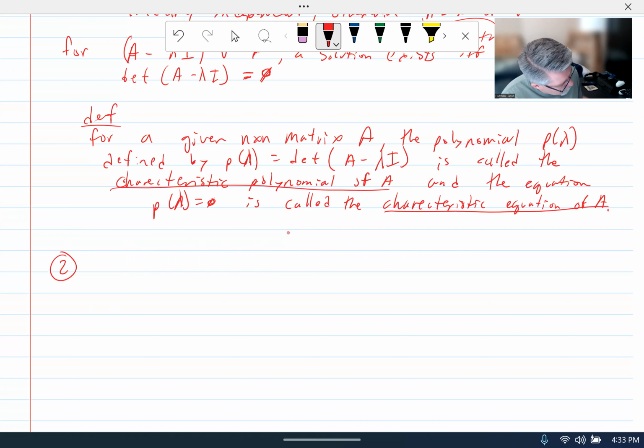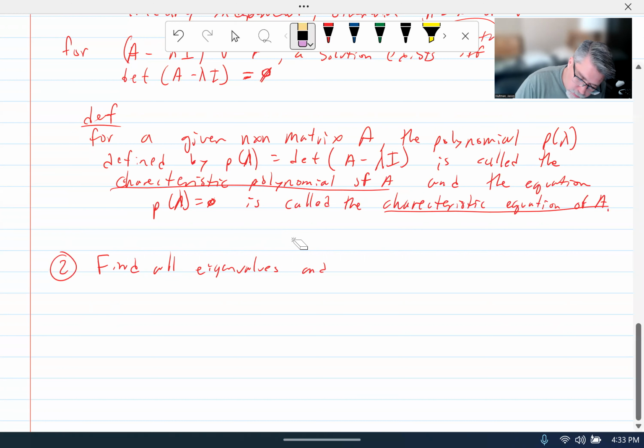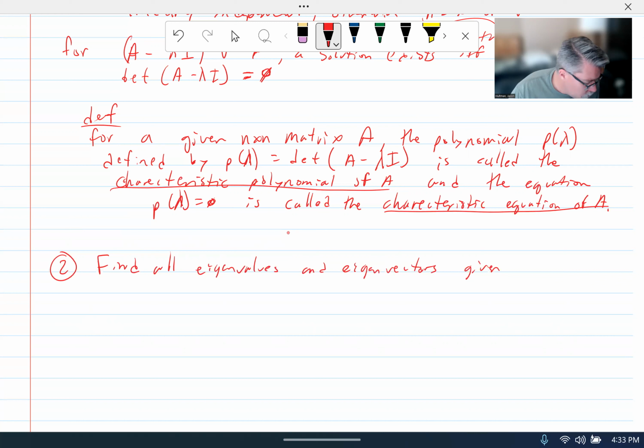Find all eigenvalues and eigenvectors given matrix A equals -2, 5, 6, and -1.